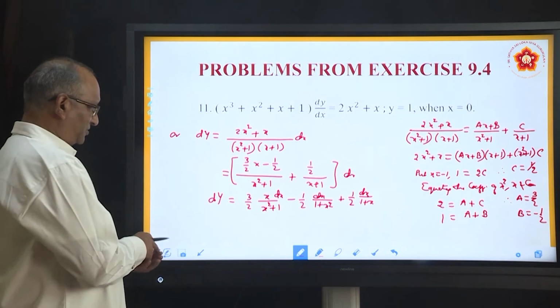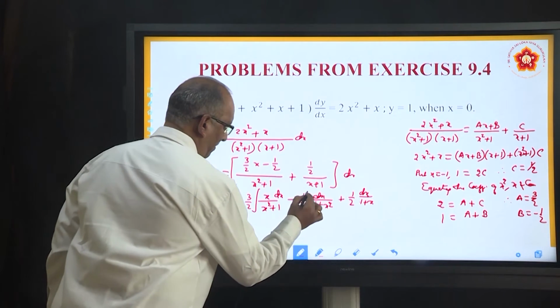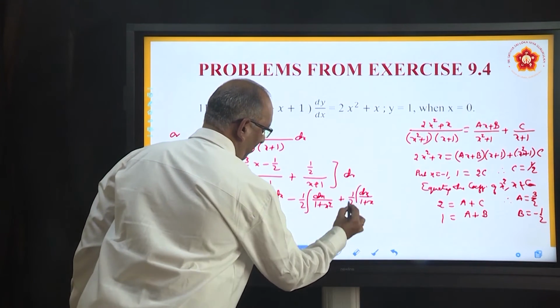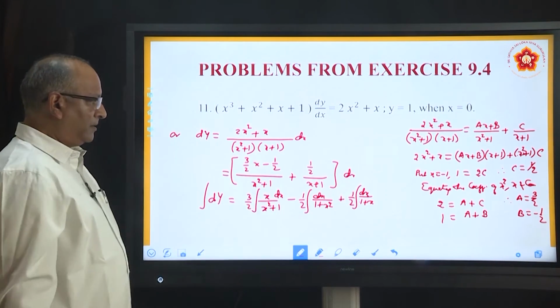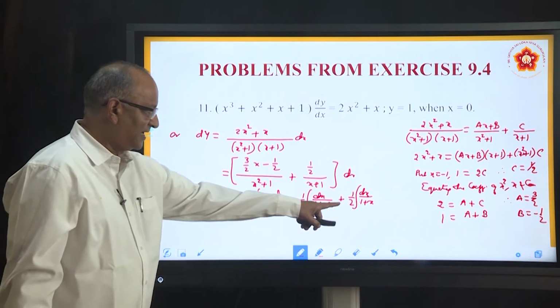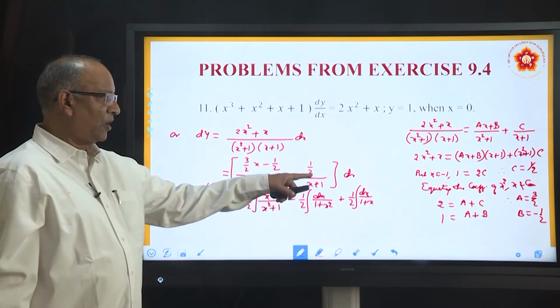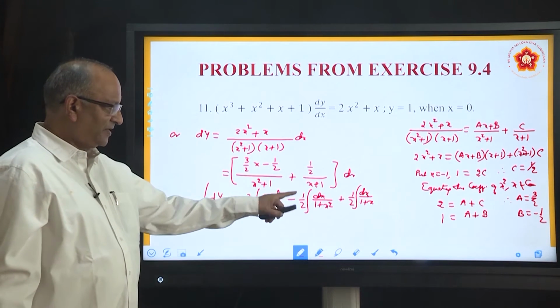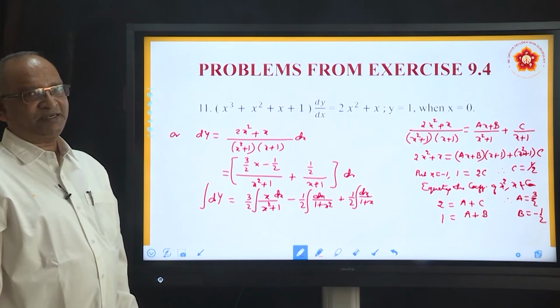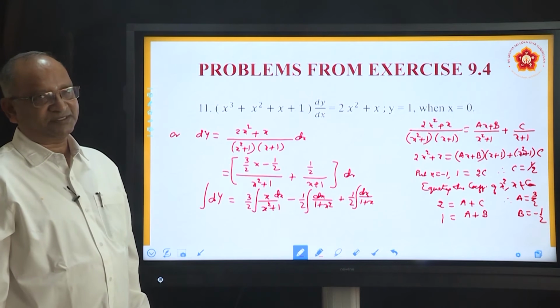Now integrate both sides. How to integrate? As far as the last one is concerned, it is a very simple one. It is log 1 plus x. The middle one is also very simple. Dx upon 1 plus x square is nothing but tan inverse x.